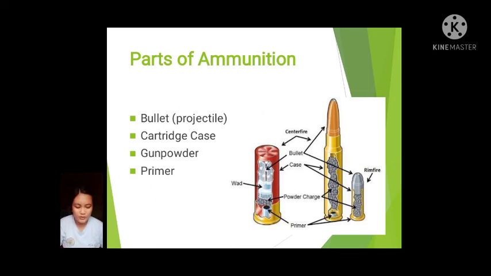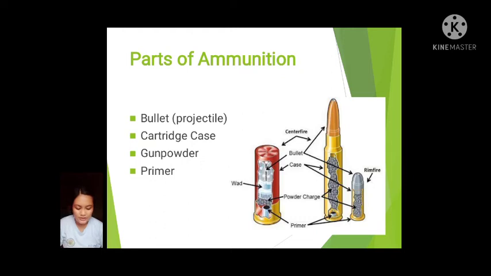We proceed with regards topics of the parts of ammunition, and they are the following. We have the bullet, otherwise known as projectile. Nandyan din ang cartridge case, gunpowder, which is the powder charge, and the primer. Primer is located doon sa pinakababa, base part ng ating cartridge case. What is the purpose?